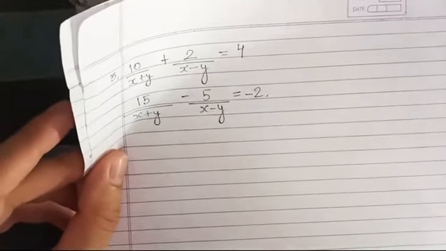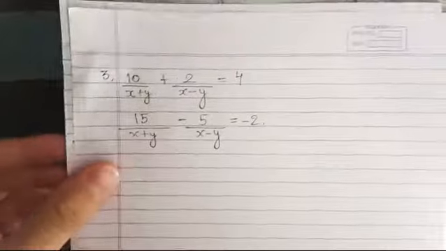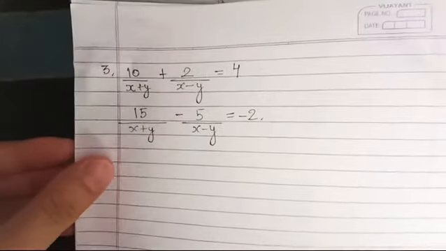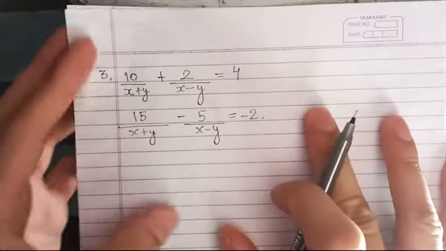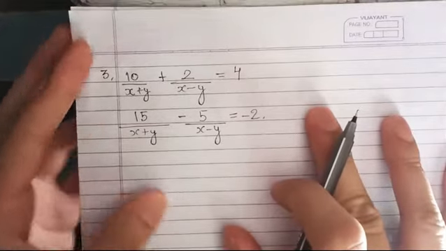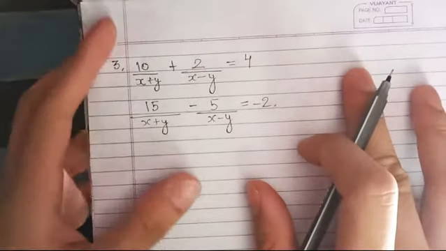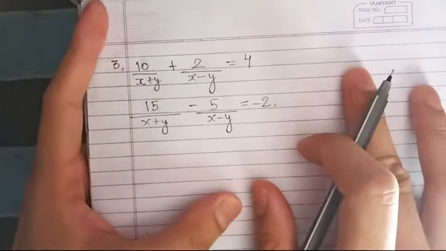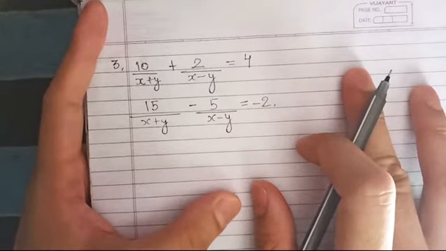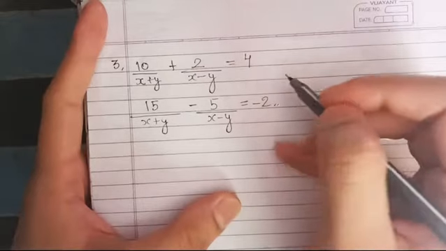Now question number 3rd. 10 upon x plus y plus 2 upon x minus y is equal to 4, and 15 upon x plus y minus 5 upon x minus y is equal to minus 2. Here how we will reduce the equations?